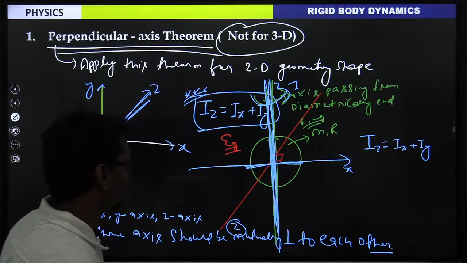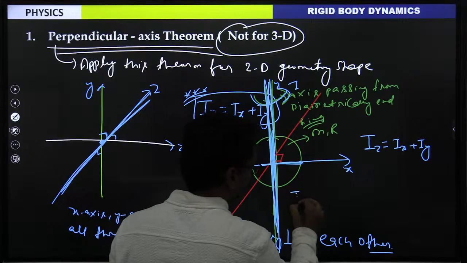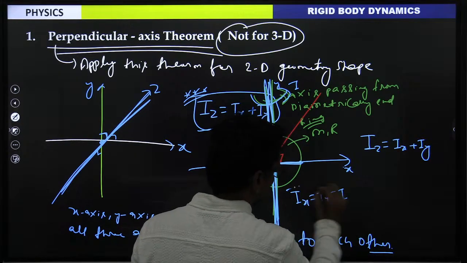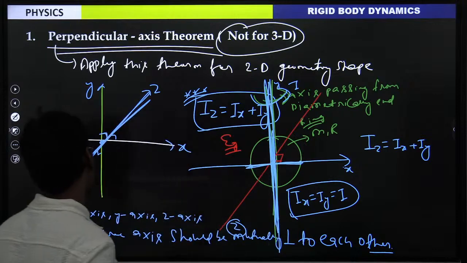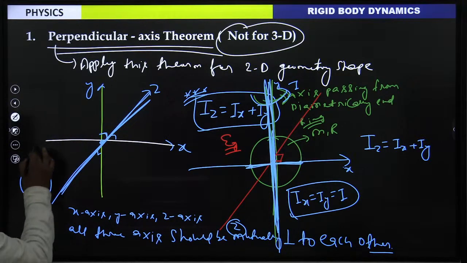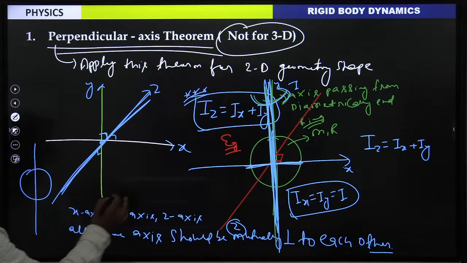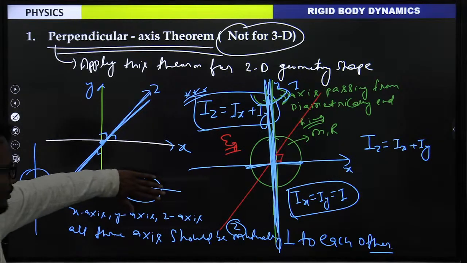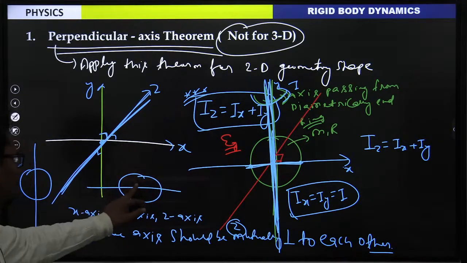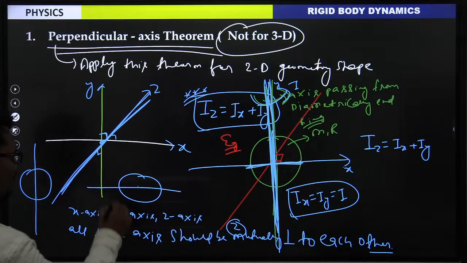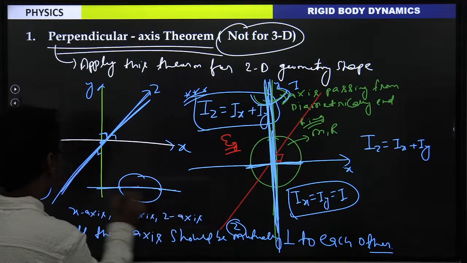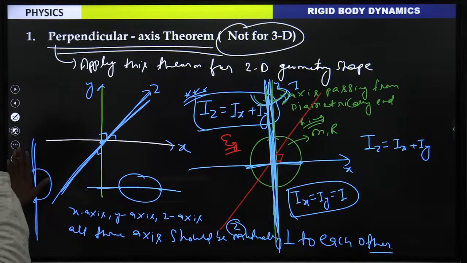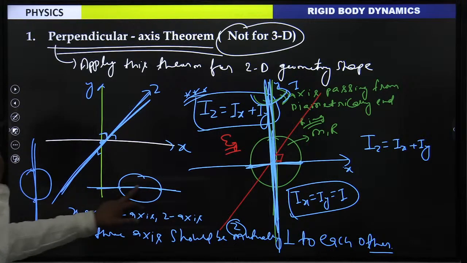If you just rotate this axis in this way, then this figure and this figure are identical.